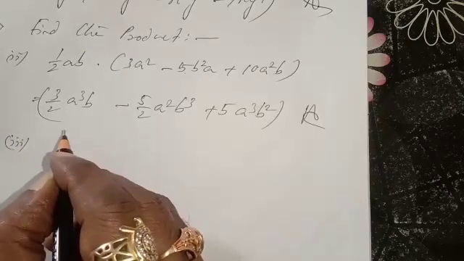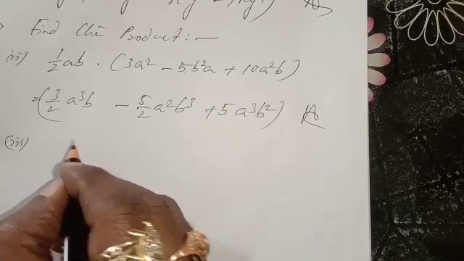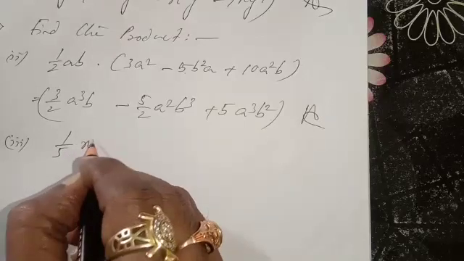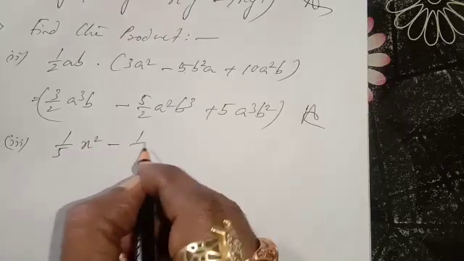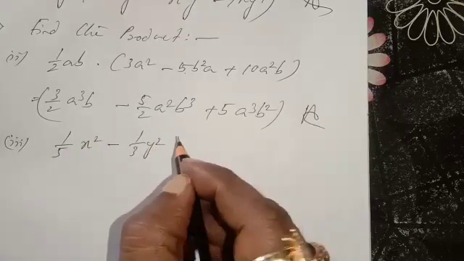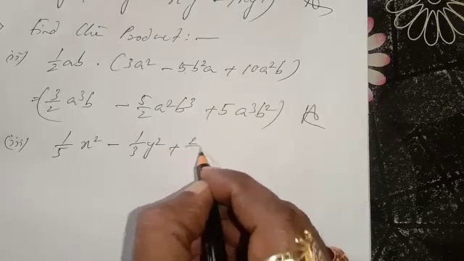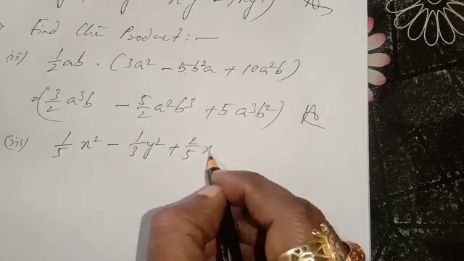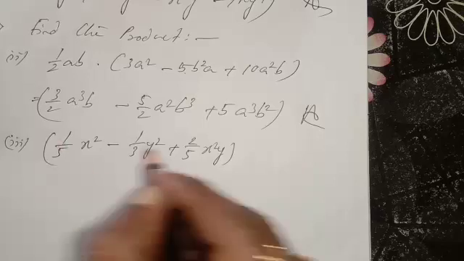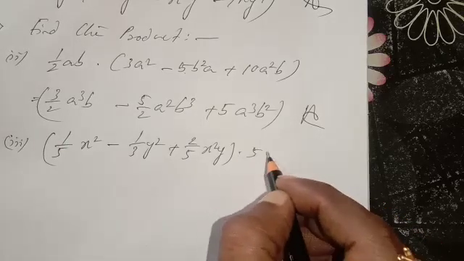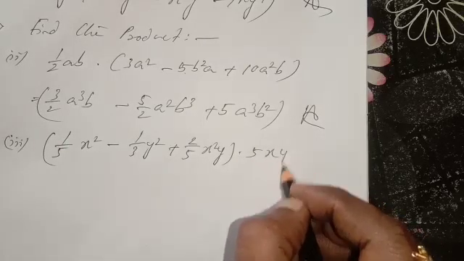Next is number 2, third part. The third part question given: 1 by 5 x square minus 1 by 3 y square plus 2 by 5 x square y into 5x y square.